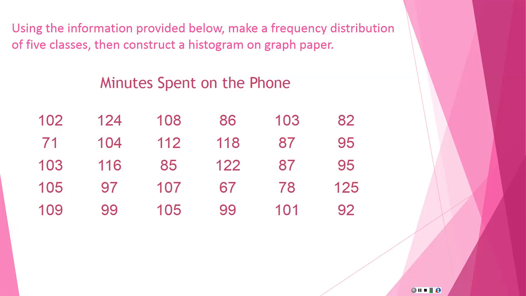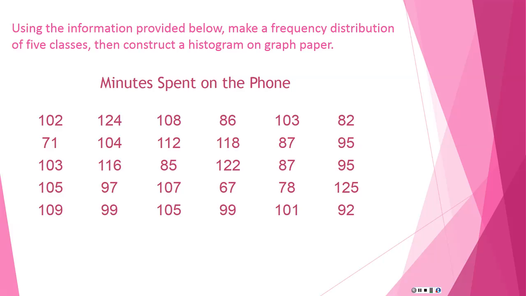So if we want to make a frequency distribution with 5 classes, just a quick review, what do we need to do first? Class width. Okay, and how do we get class width? Maximum plus minimum divided by... Maximum minus. You got midpoint. That's actually called the mid-range, what you just told me.